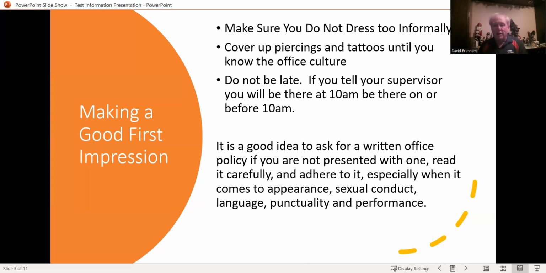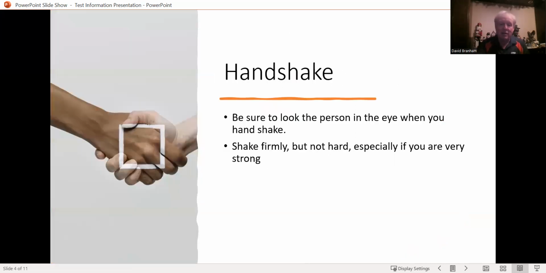If you ask for it and they don't have that, then try to get a good idea of what they want. But it makes a good impression just to ask for it and say, look, I want to make sure that I abide by office policy. One of the first things you should do is ask for that written office policy so that you can understand the office culture and what is expected of you.